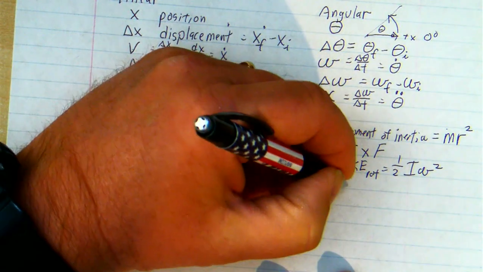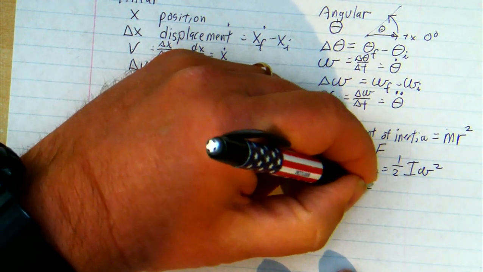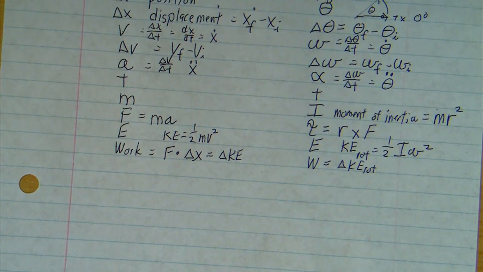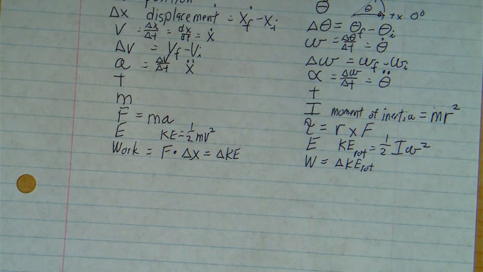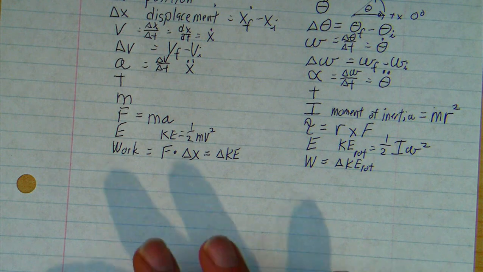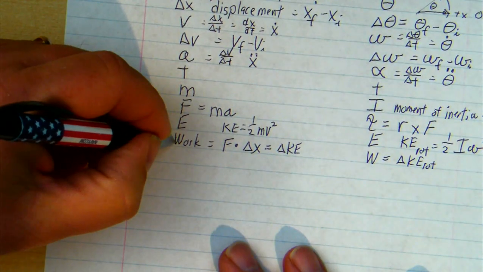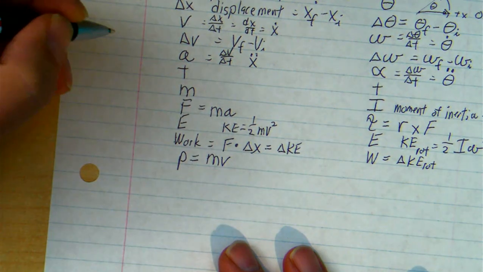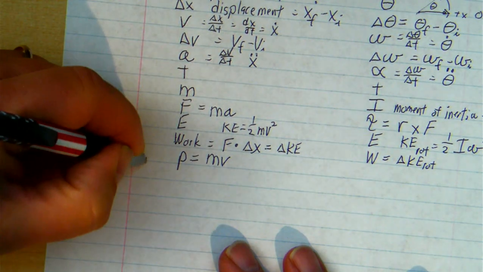So that could also be work in the rotational world. Change in rotational kinetic energy would be a way to calculate the work done. You've also had momentum, the product of mass times velocity, and this is called, by the way, linear momentum.